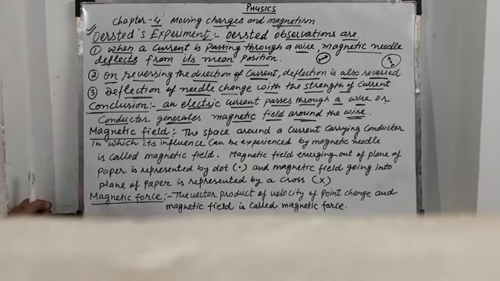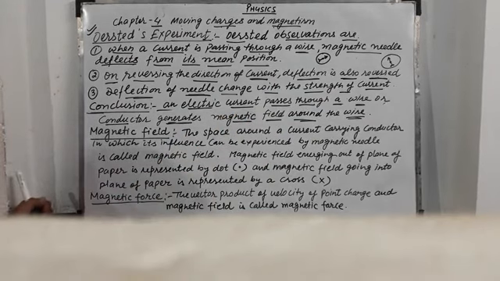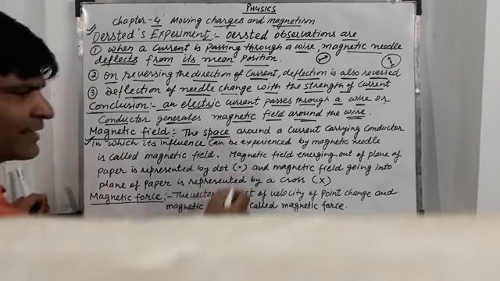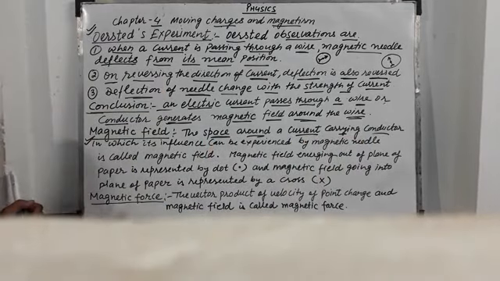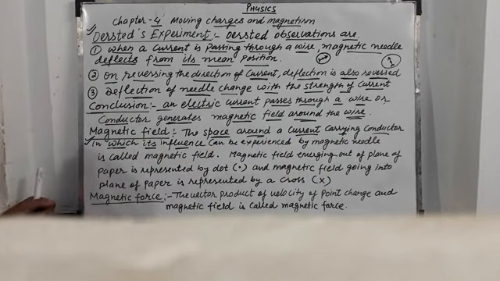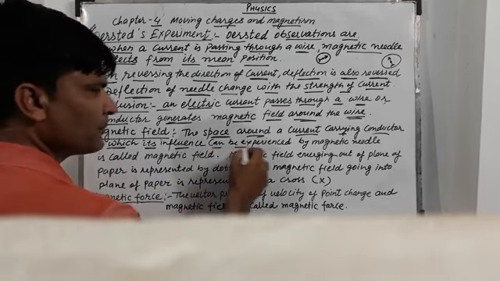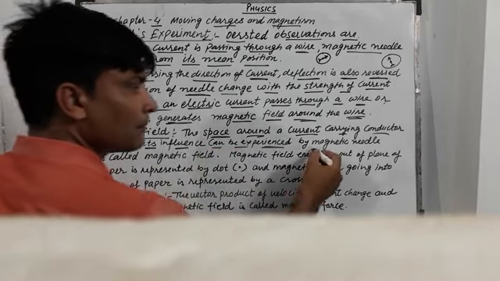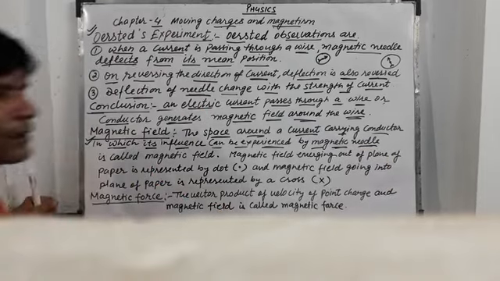Now, what is a magnetic field? The magnetic field is the space around a current carrying conductor in which its influence, means it exerts some force, can be experienced by a magnetic needle.